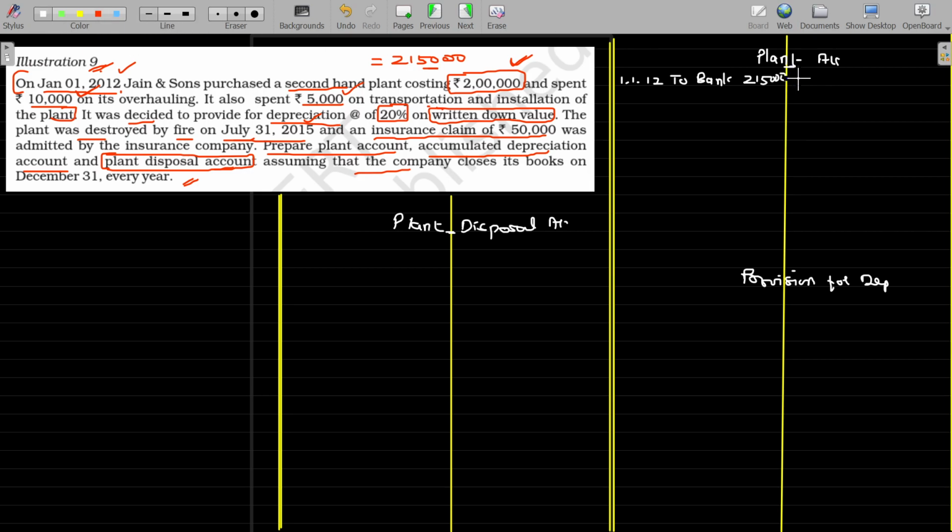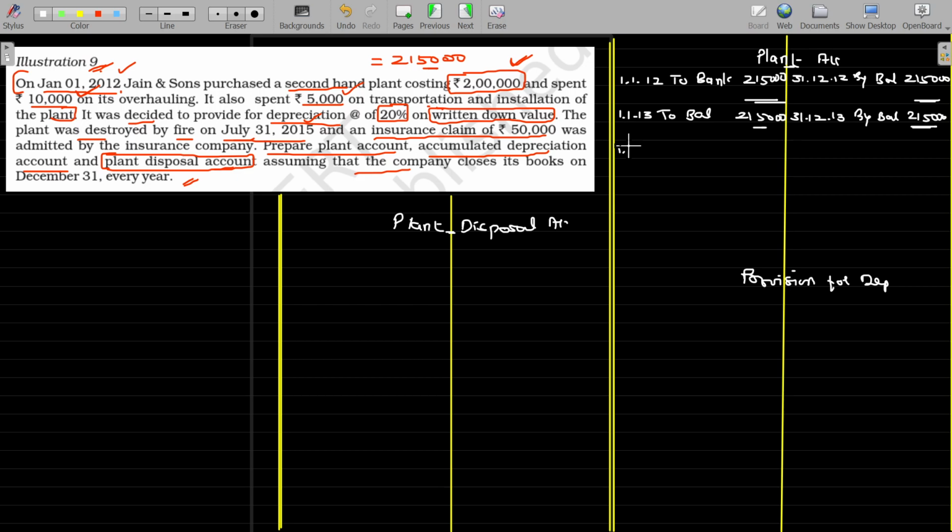So the first year end, 31/12/12, by balance 2 lakhs 15,000. This becomes the opening balance the next year, 1/1/13, to balance 2 lakhs 15,000. By that year end, 31/12/13, by balance, the value is the same, 2 lakhs 15,000.